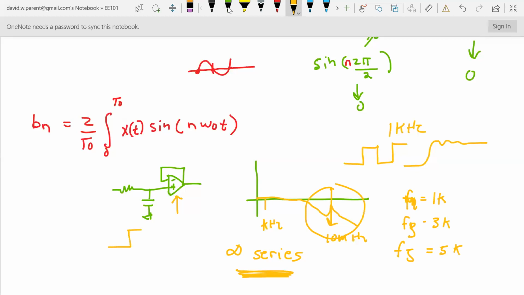But when you put in a step, which is really a very long pulse, you are getting these frequencies, and they're infinite whether you like it or not. So if the frequency of my pulse width is here at 1 meg, then the next one is 3 meg, and it's right in my gain bandwidth problem area.